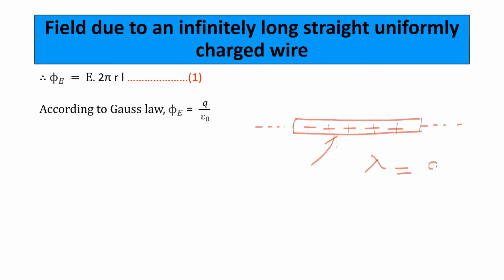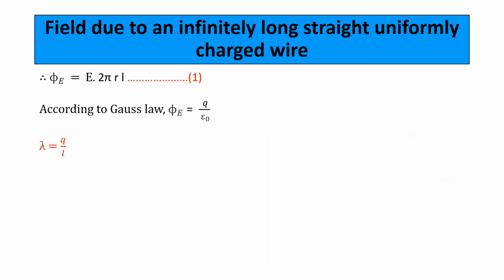Lambda is equal to Q by L. Linear charge density means charge per unit length. Therefore, Q is equal to lambda into L. Please remember the formula, lambda is equal to Q by L, where lambda is the linear charge density. And you can replace this Q with lambda L. Therefore, phi E is equal to lambda L by epsilon naught.